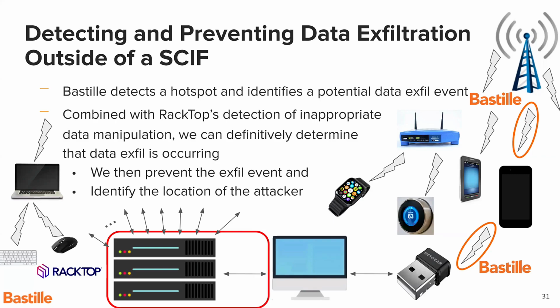They're seeing some data transition on the data store, and there's a certain risk associated with that. But if we both see similar issues, so let's say RackTop sends some information to the Bastille system that says, I think there might be a data exfil event going on. Bastille can identify all the potential chains that could be contributing to that and elevate the risk associated with those.